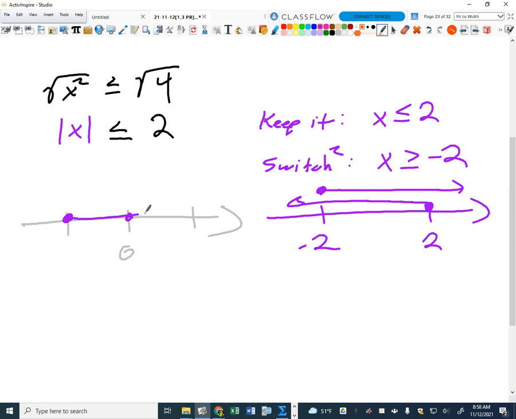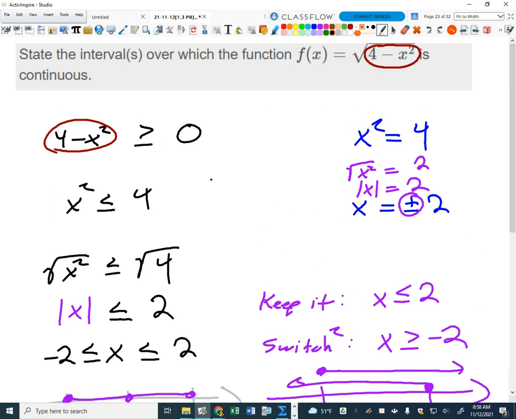So that's telling me that it's an "and" interval, isn't it? Either way, the result is x is greater than or equal to negative 2 and less than or equal to positive 2. And so that's my interval. That's the answer, because that's what we got from this condition that was imposed on us.